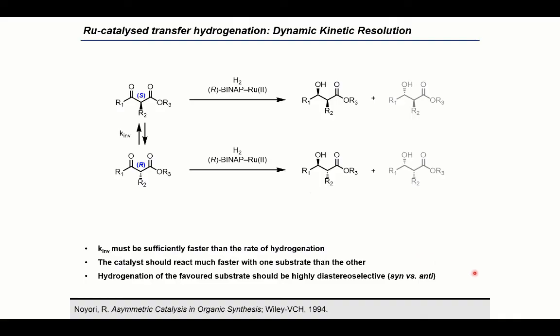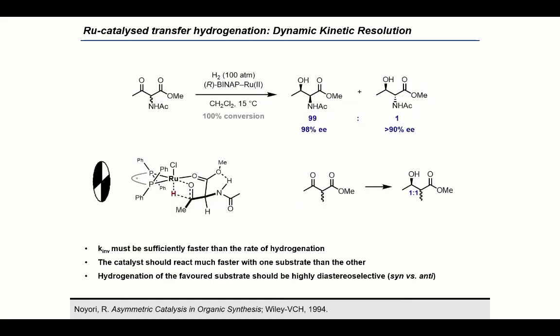And lastly, hydrogenation of the favored substrate should be highly diastereoselective. That is to say, the syn product, in this case, should be formed much faster than the anti product from the S isomer of the starting material. These three facets allow for selective formation of one diastereomer out of a possible four with a theoretical yield of 100%. Let's take a quick look at an example.